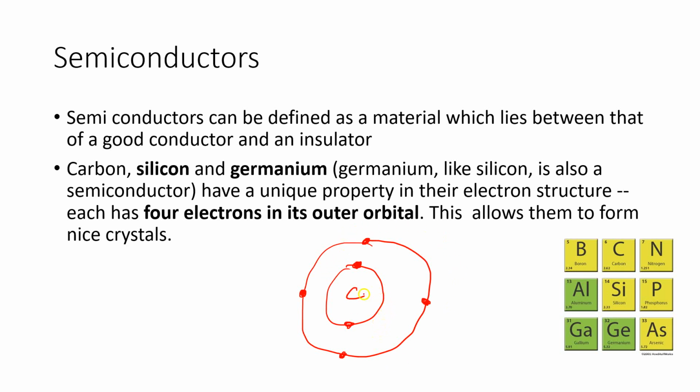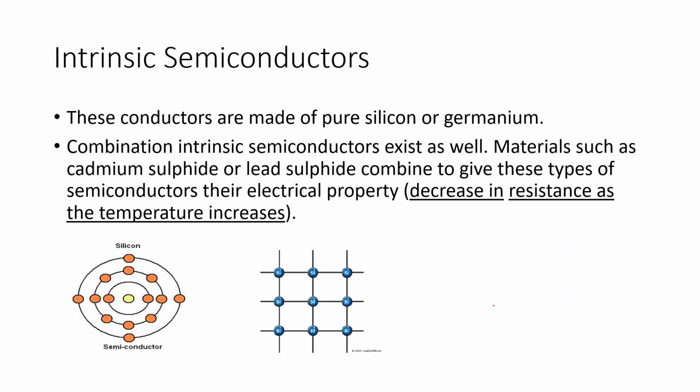But I just want you to know that these elements generally have 4 electrons on their outer shell, and those 4 electrons are the real thing here that will be used to explain the whole process. All right, so just pay attention to that.